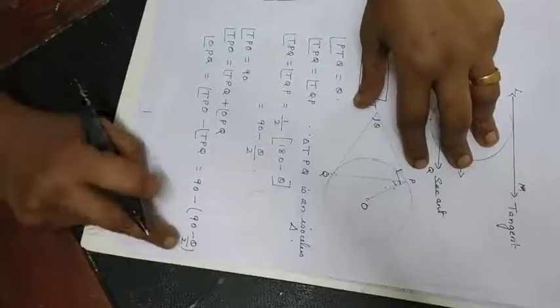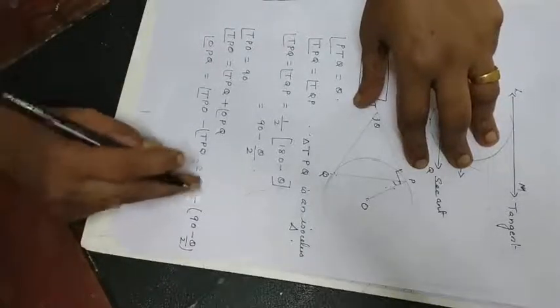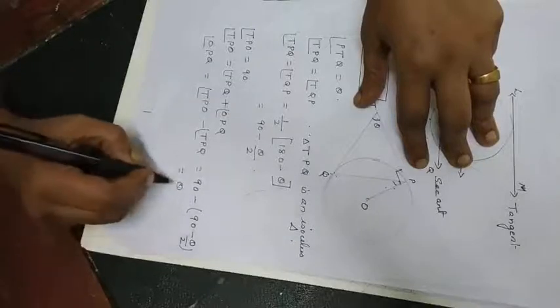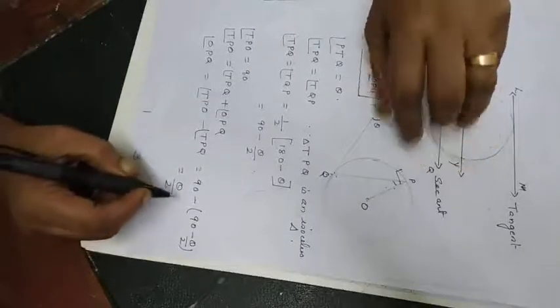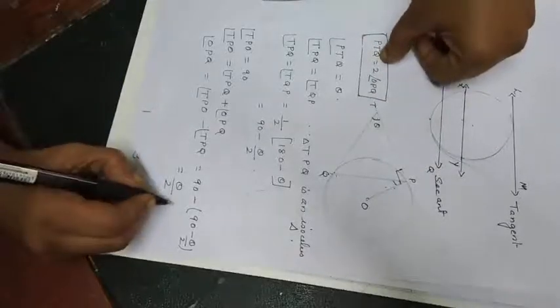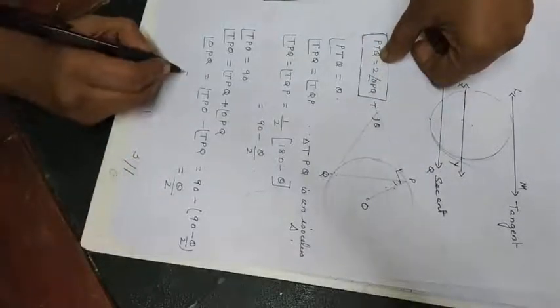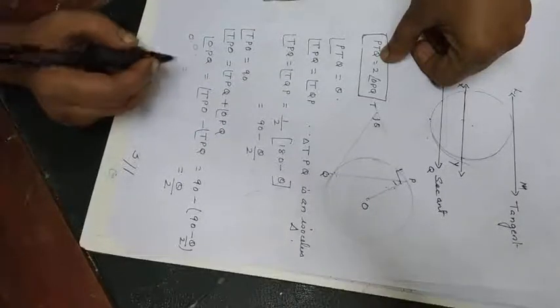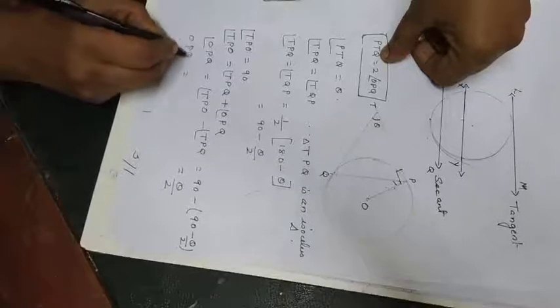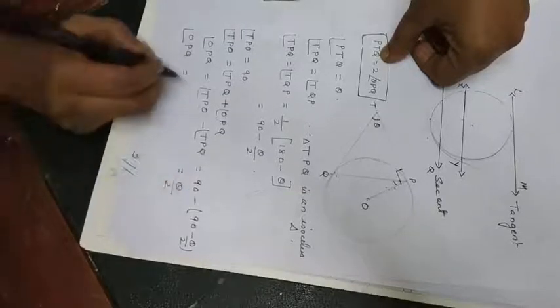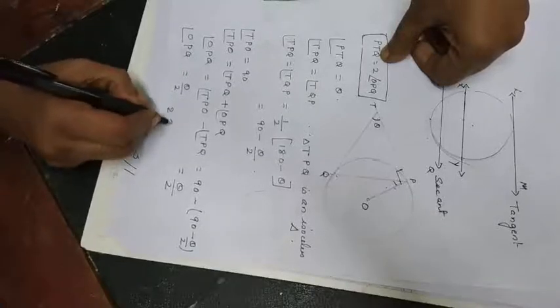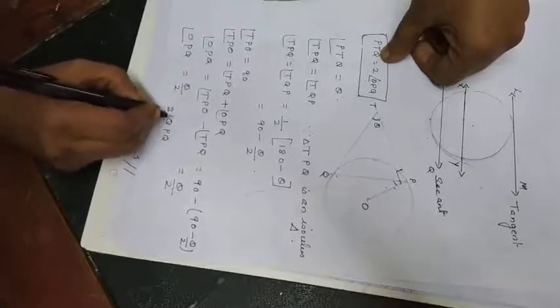This one is 90 minus theta by 2. So 90 and 90 will get cancelled, minus into minus, theta by 2. What is theta by 2? That is equal to OPQ. So OPQ is equal to theta by 2, or 2 times OPQ is equal to theta.